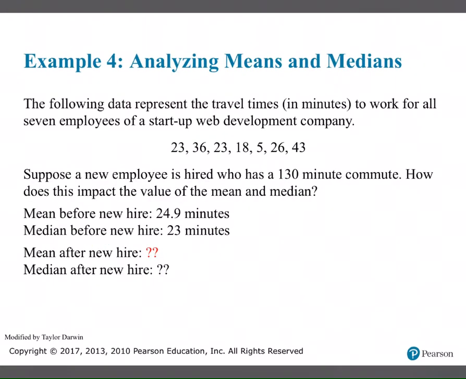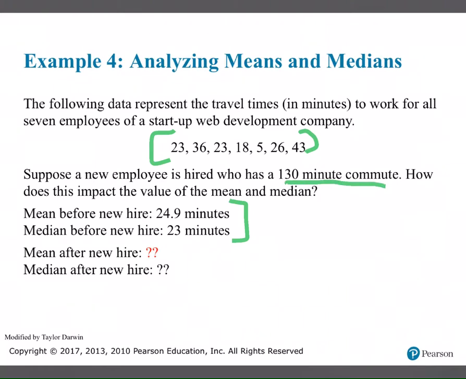Okay, so let's say we fire the 70-minute commute person and we hire another person, 130-minute commute. Well, first off, before we hired him, with just the original data set, this was our information. Let's say we hire someone with a 130-minute commute.